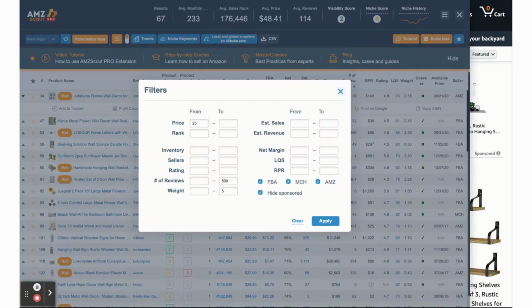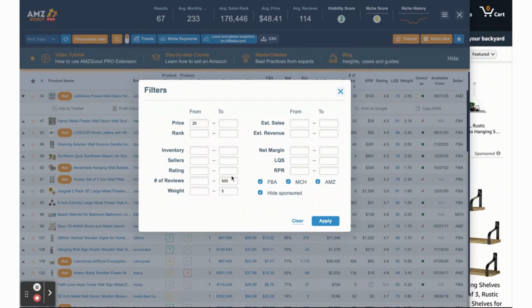So I'm not interested in looking at items that are lower priced because I would need to sell a lot in order to have decent profits on them. So I want to look at items that would have a minimum of $25. And because this niche has product listings that have a high number of reviews, I want to only look at product listings that would have less than 500 reviews. And as we talked about, I want to look at items that would be under 5 pounds.